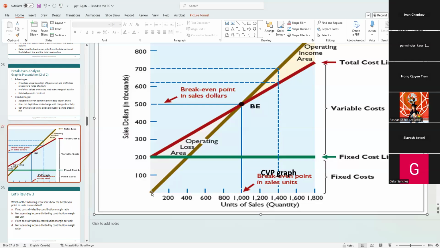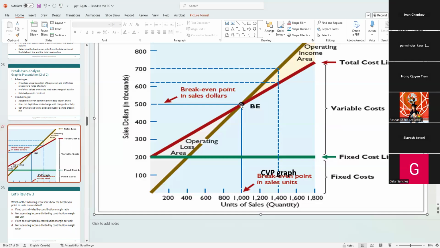So you have to sell higher than the variable cost so you can cover the variable cost and start covering the fixed cost. And that's going to continue to the point where the total sales are going to be equal to the total variable cost and total fixed cost.